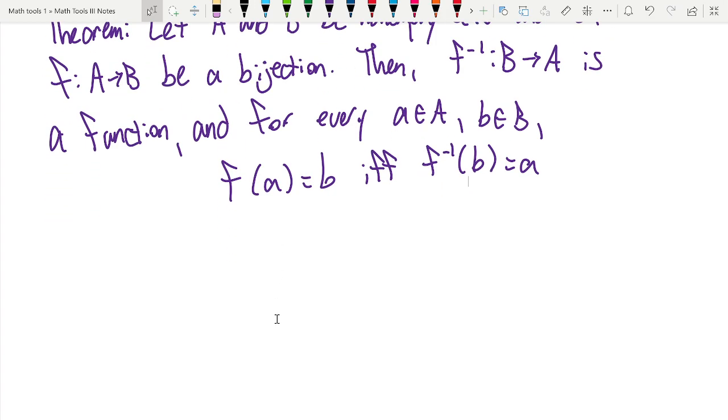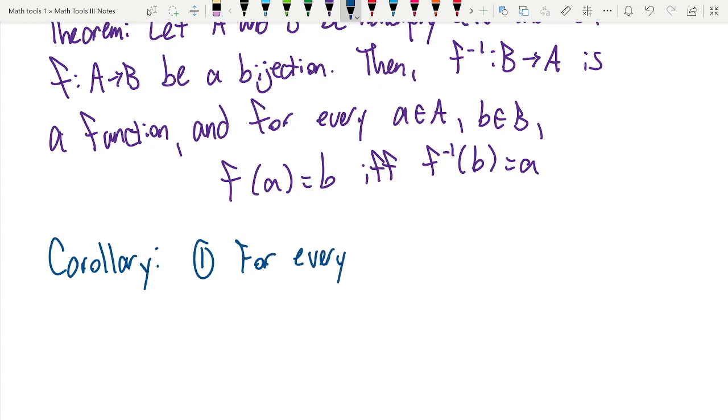So an immediate corollary to this, corollary is not a word we've used before, but you might have seen in other parts of math, but a corollary is just something that kind of follows immediately from the theorem preceding it, basically with no extra work, is one, for every x in A, F inverse of F of x is equal to x.